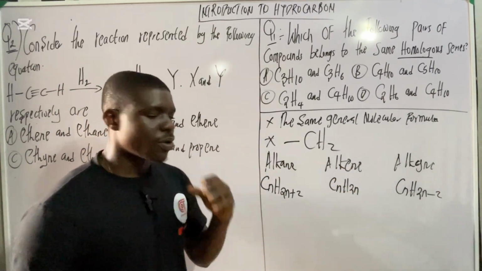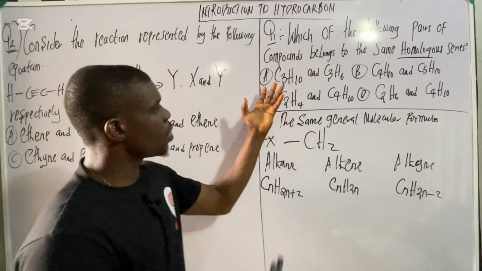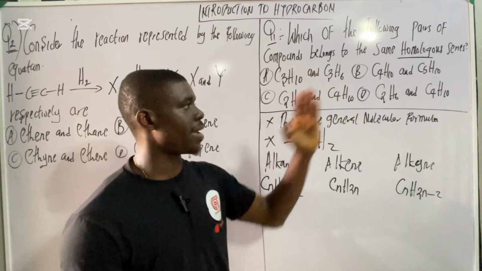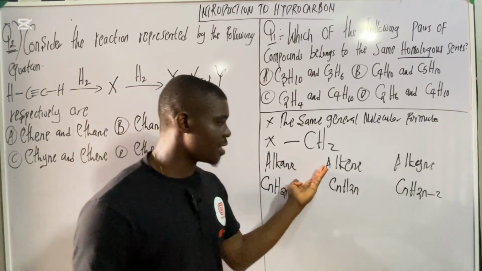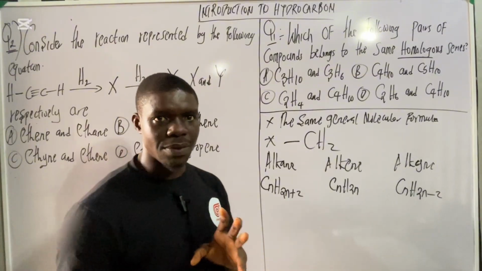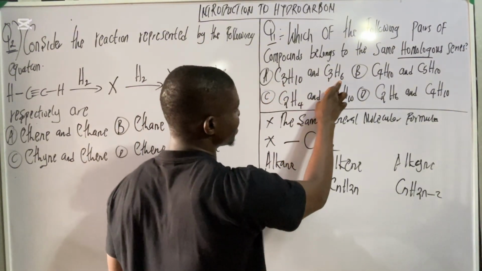Now, when you pair two compounds like this, options A, B, and C, what do you check? Is it alkane, alkene, or alkyne? Look at this one here: C3H10 and C3H6.